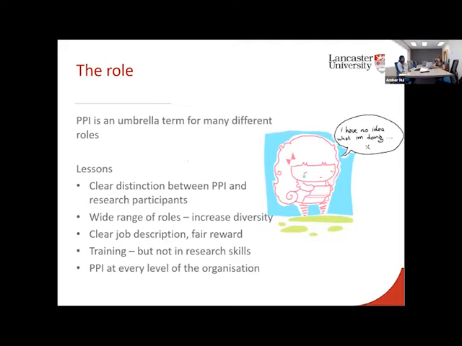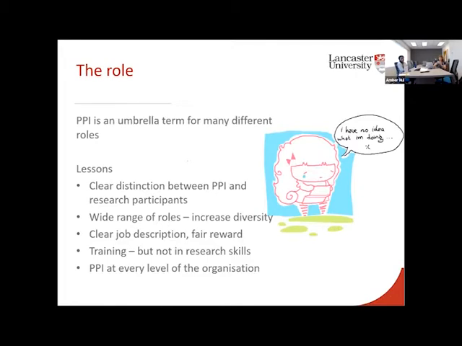We also try to think about how we can involve people using a really wide range of roles so that we can increase diversity. Obviously not everybody wants to take on a full-time job, and not everybody wants to get involved in writing plain language summaries, for example. But there are so many different roles available in PPI and so many different ways in which people can engage: by coming to groups, by working at a computer, by doing online things.